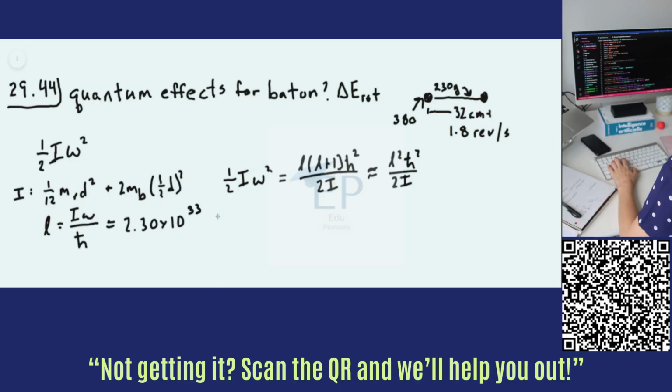And so now we know what the spacing between rotational energy levels is. It's going to be delta E. And we can ask what fraction of the total rotational energy that is. We know this is the rotational energy.